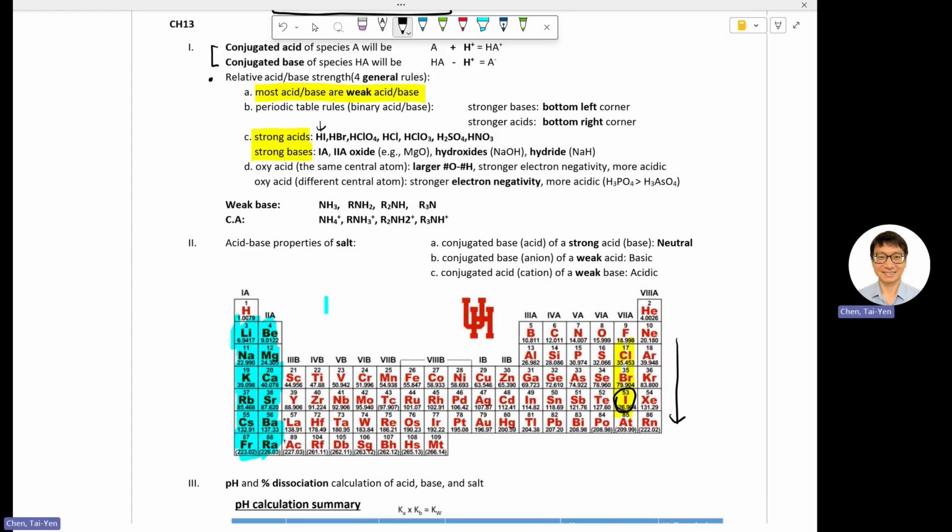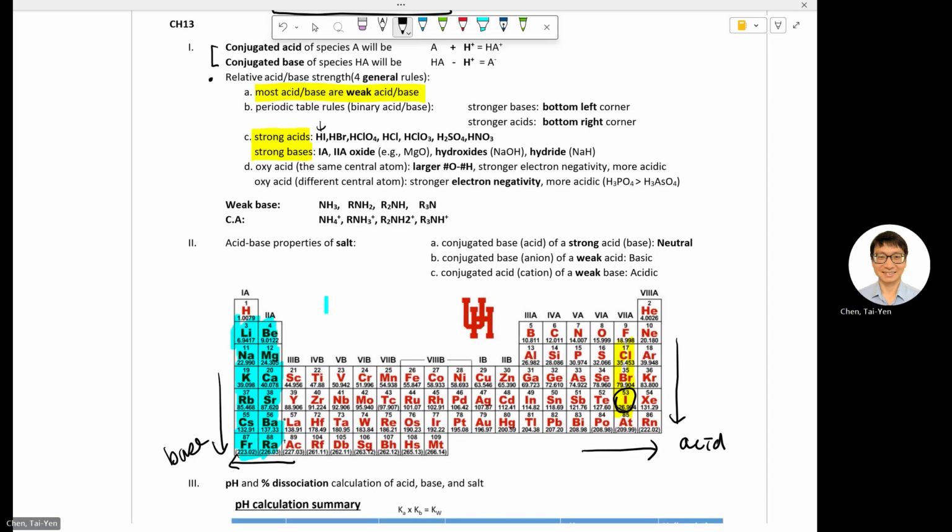If you go to the bottom or go to the right, then you have a stronger acid. Go to the bottom to the left, you have a stronger base. So that's why the table is really helpful, because it's very easy to draw the things I draw here. Highly recommended you print one periodic table out and start to draw on it.